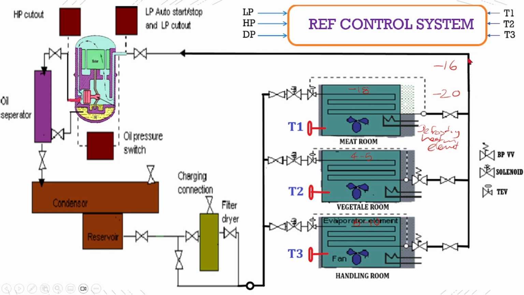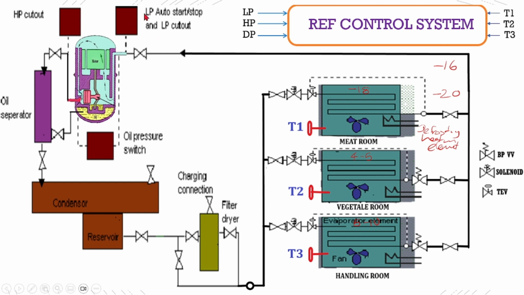Whatever gas remains will be sucked by the compressor, so the suction line pressure drops, and the LP cutout will reach its low pressure setting, and the compressor will stop, and wait for the next cycle operation.